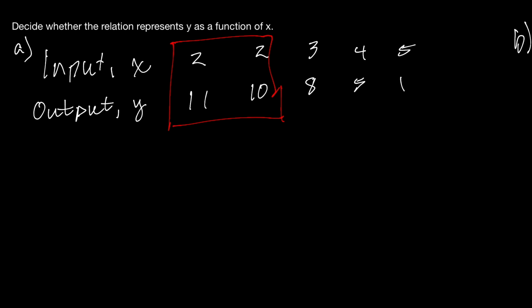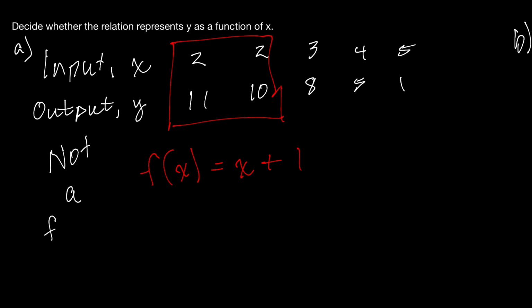Think of a function like, say, f of x equals x plus 1. We'll keep it simple. I can never put a 2 in for this and sometimes get an 11, and put a 2 in and sometimes get an output of 10. So this is not a function. We would just say, yes, not a function.